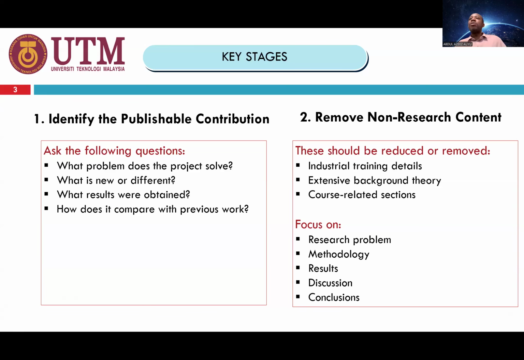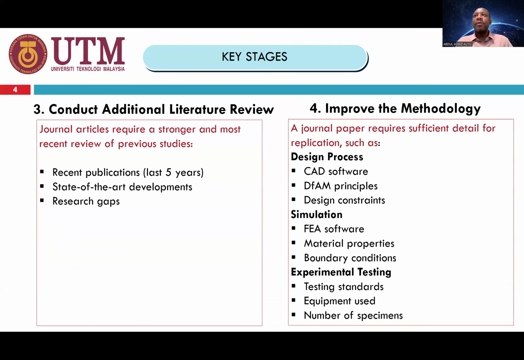All of these sections are not needed in a journal or a conference paper. The main things you need to focus on are the research background or research problem, methodology, results, discussions, and conclusions. These are the sections that you need to pay attention to seriously.